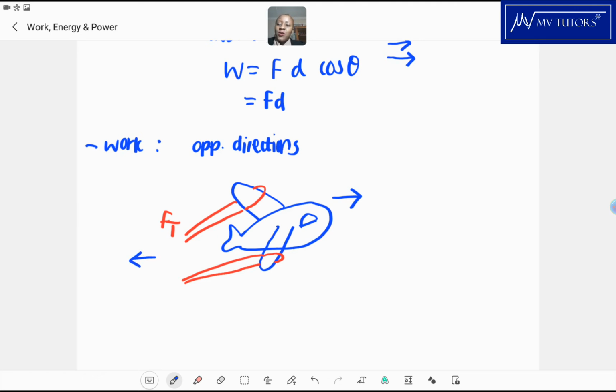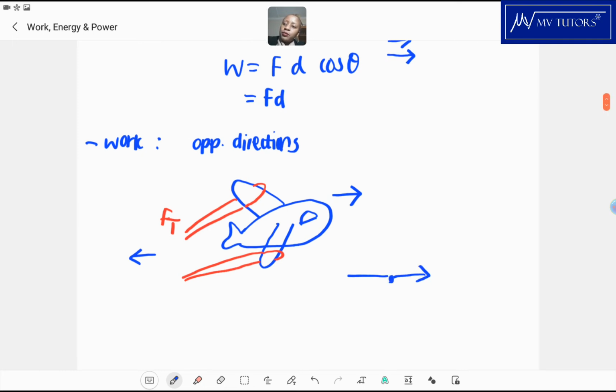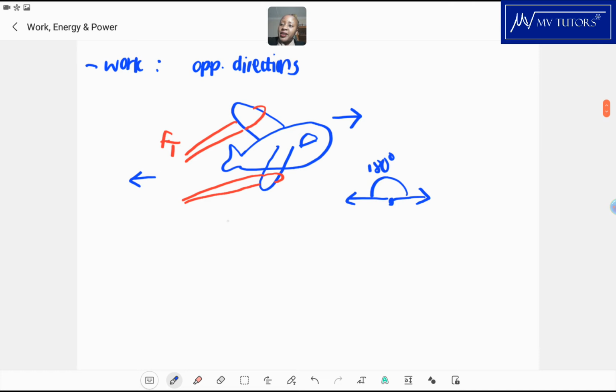So in that case, the angle between the two would be 180 degrees. So if you look at your equation again, which is F D cos theta, theta would be 180 degrees. If you plug that in your calculator, you'll get that it's -1. So the work applied is negative.